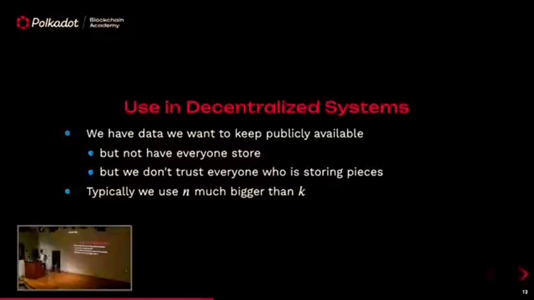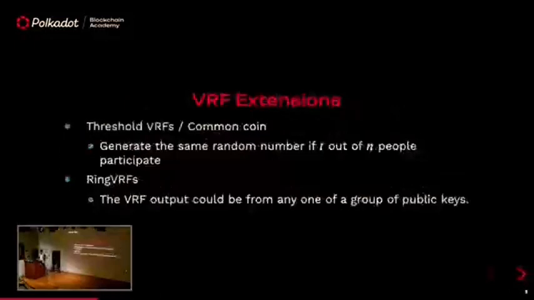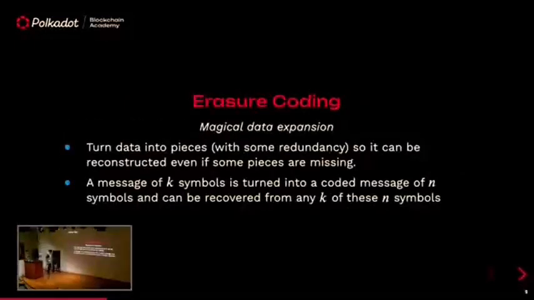The really special part about error correcting codes is that you can recover the data from any K of those n symbols. So you don't need to worry about which participants are malicious, you just have to worry about how many.